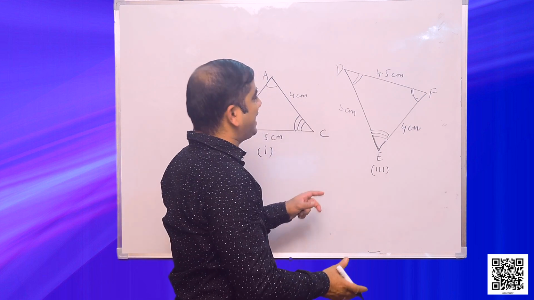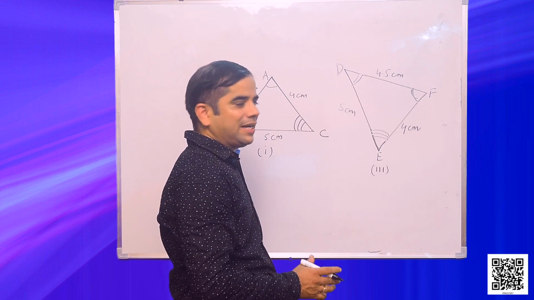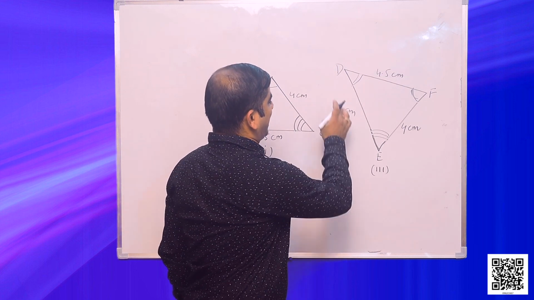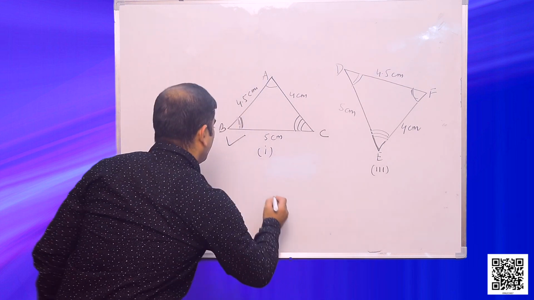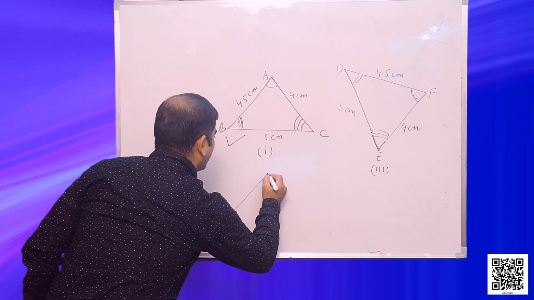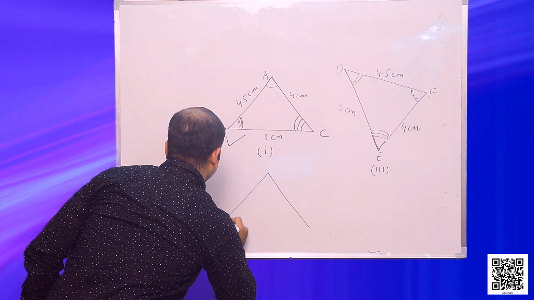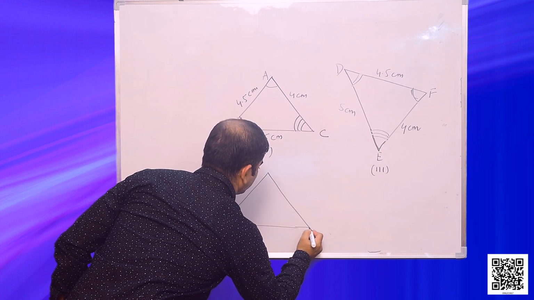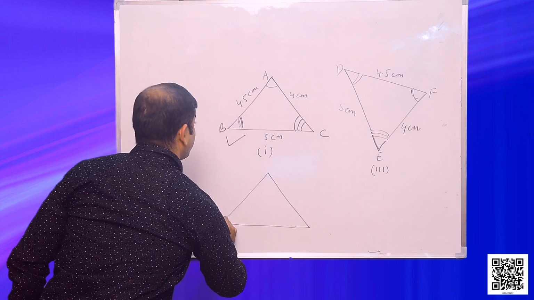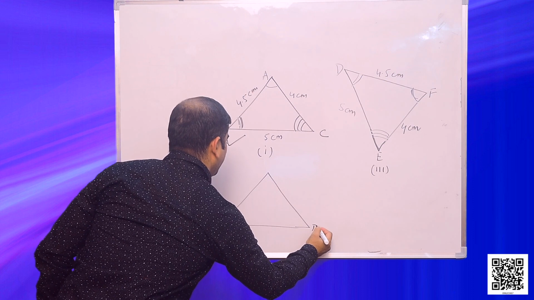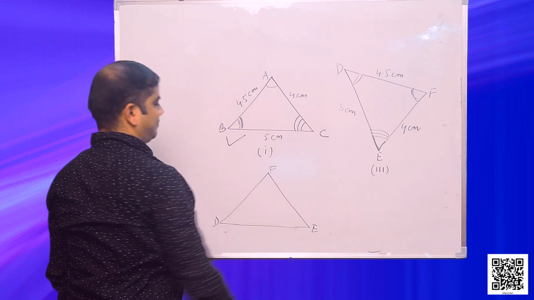If I rotate it anticlockwise and keep the base of the triangle as DE, it will look like this. Okay? D, E and F.